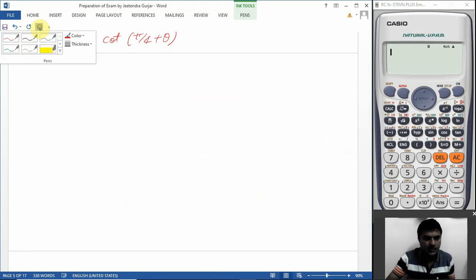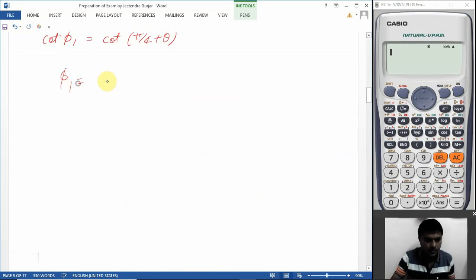Yes friends, you can directly pick here phi 1 is equal to pi by 4 plus theta, and we have already calculated the phi 2 value, it is theta. So there is no need of writing again the angle between the two curves.